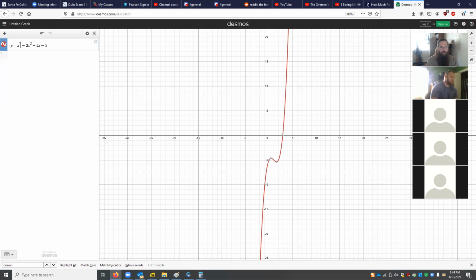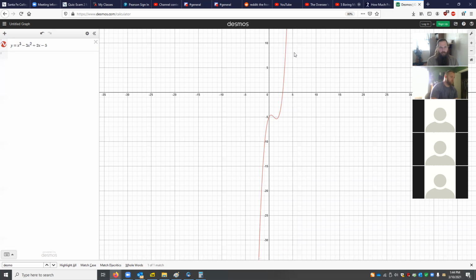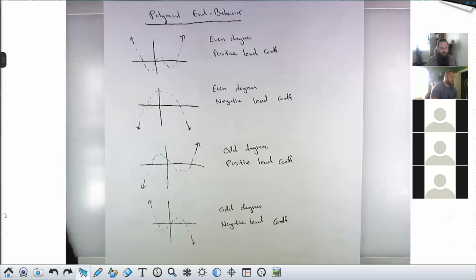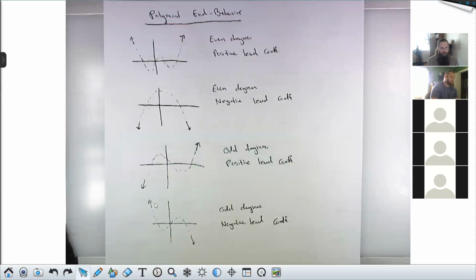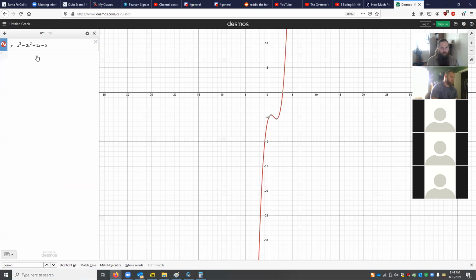If I make this a 3 instead of a 4, now it goes down on the left and up on the right. And that coincides with this picture. Odd degree, the degree is 3. Positive lead coefficient, the lead coefficient here is 1. If I made that a 2 or a 5, it wouldn't change things.